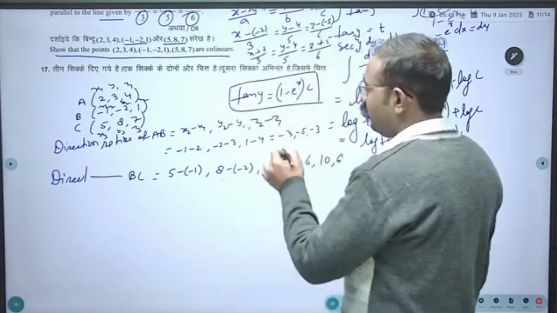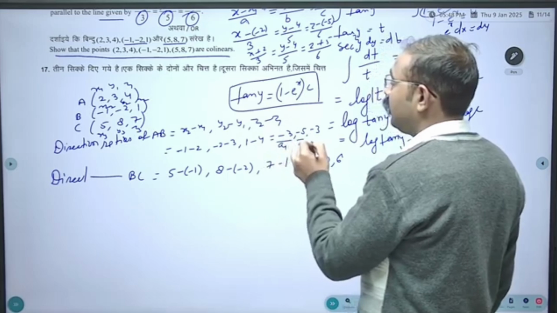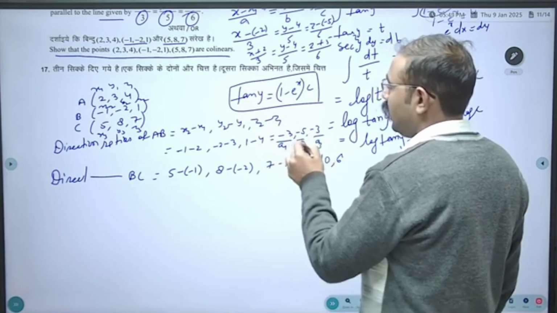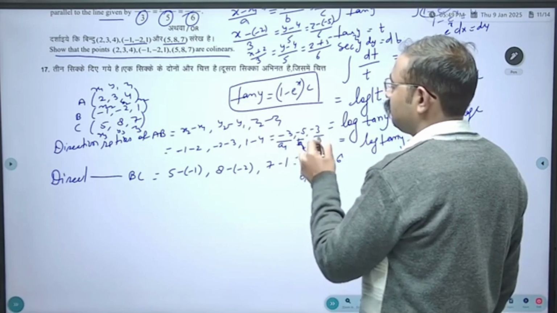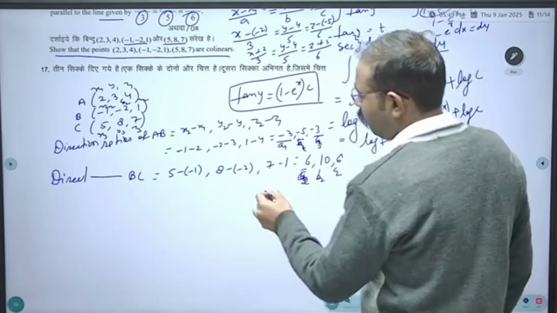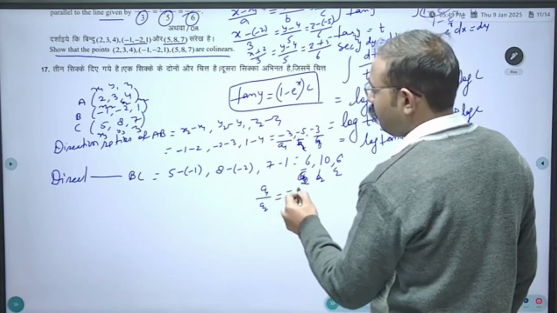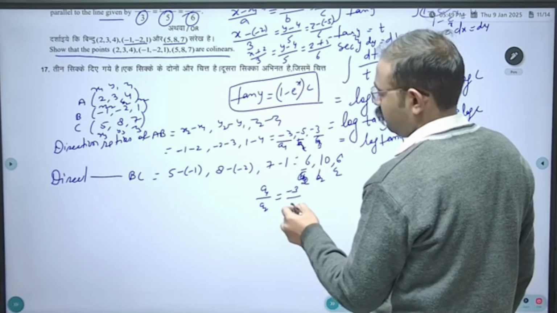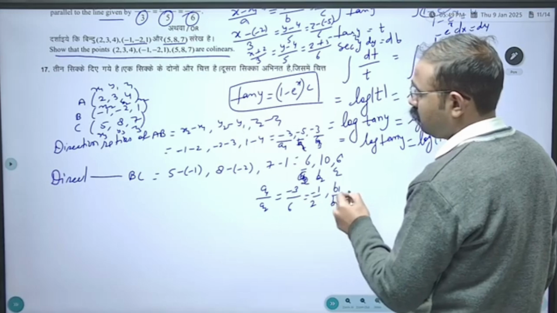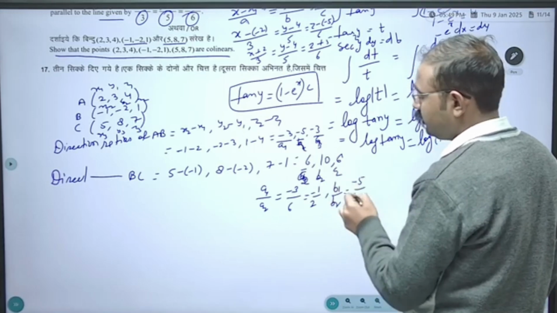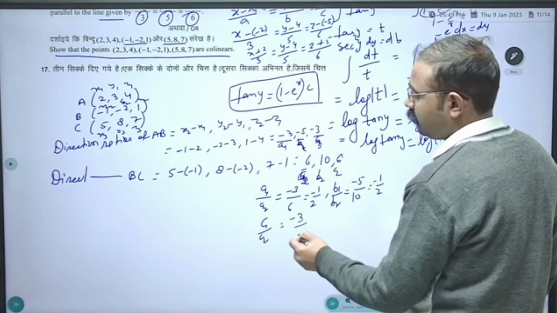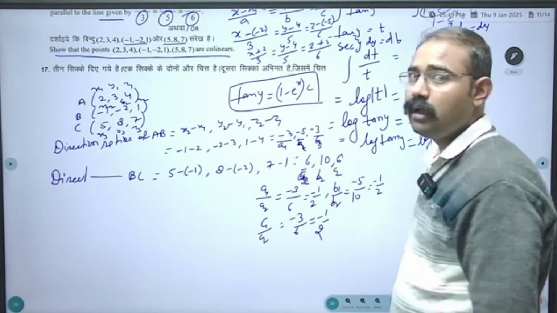Let these be a1, b1, c1 and these be a2, b2, c2. By comparing them, a1 upon a2 is minus 3 upon 6, which is minus 1 upon 2. b1 upon b2: b1 is minus 5, b2 is 10, again minus 1 upon 2. c1 upon c2 is minus 3 upon 6, which is also minus 1 upon 2.